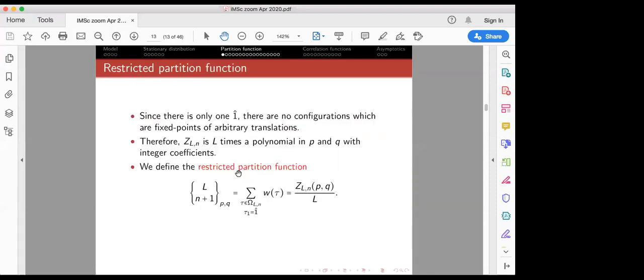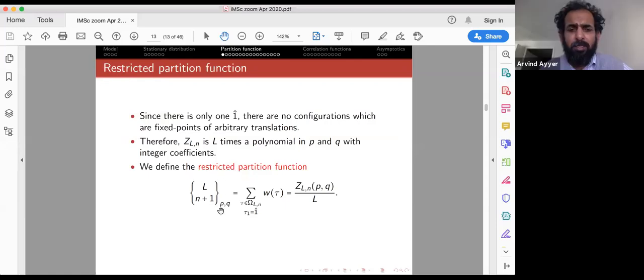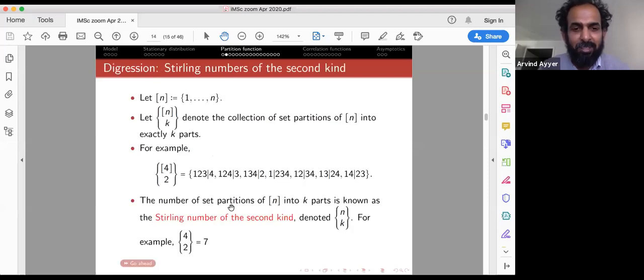Okay, thanks. So I define this restricted partition function with this funny notation, L set n plus 1, P, Q. And if you are going to ask why this funny notation, thank you for asking. So here's the reason. I'll have to digress a little bit.